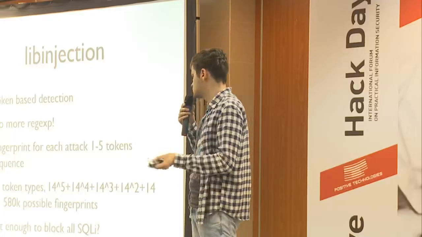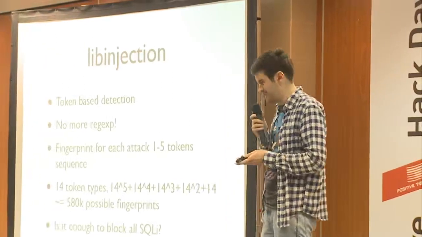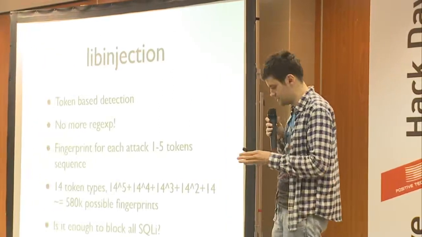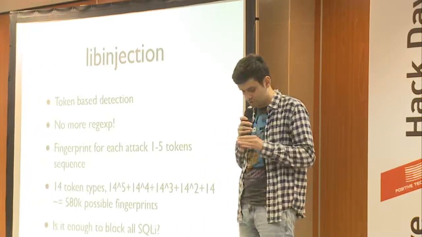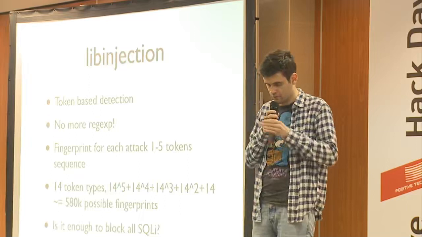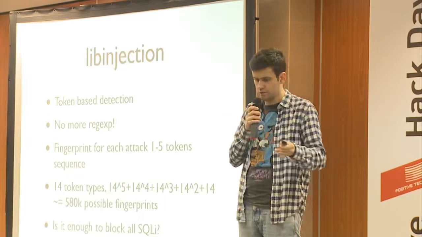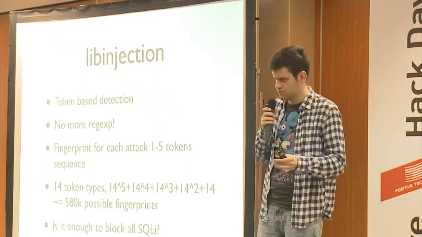And now the interesting question: can we actually exploit it? Is this theoretical limit of 580,000 fingerprints enough to cover all of the injections? Right now there are about, not to lie, 2,000.